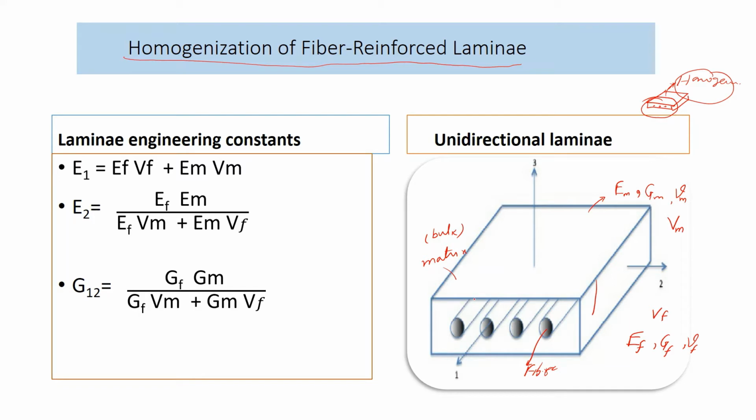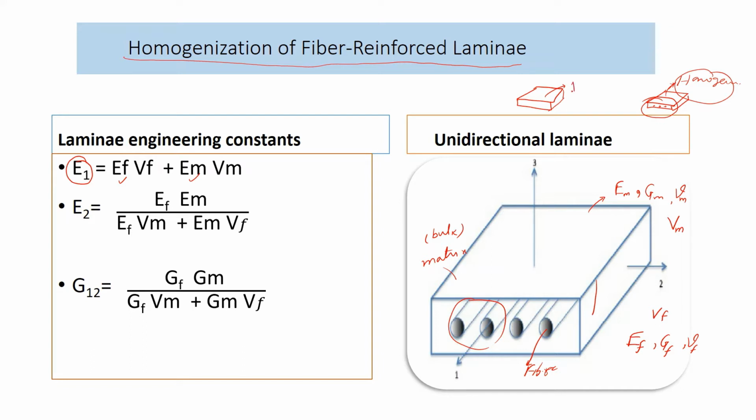For making it a homogeneous material, we consider both the fiber and the matrix in a manner so that we can get the direction of E1 for the lamina we have made. We now consider that this is a plate, and we don't have matrix and fiber separately. So now it becomes one complete lamina.